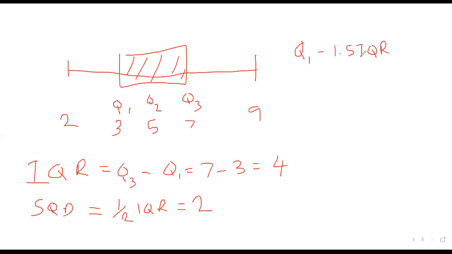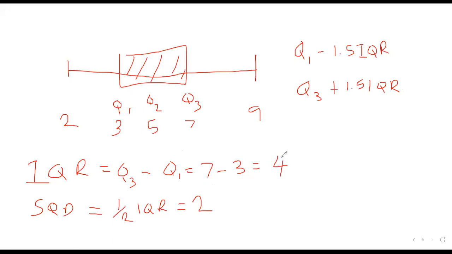This is the lower value. The upper value is the third quartile plus 1.5 of the correction term. So our interquartile range was 4.